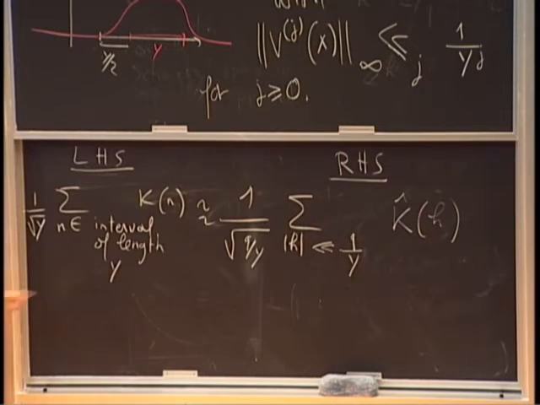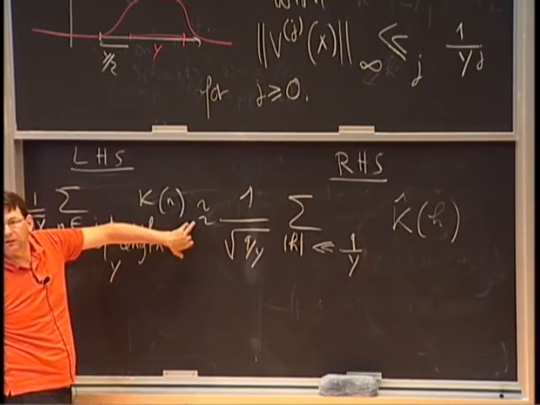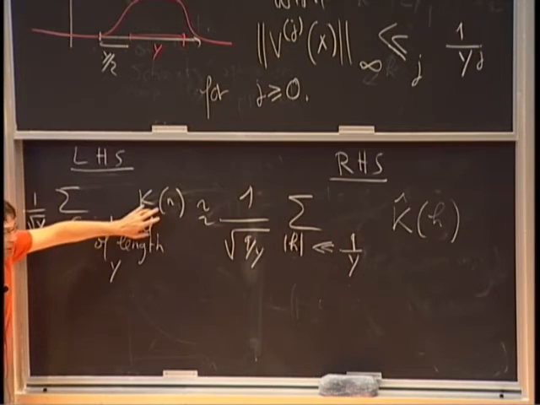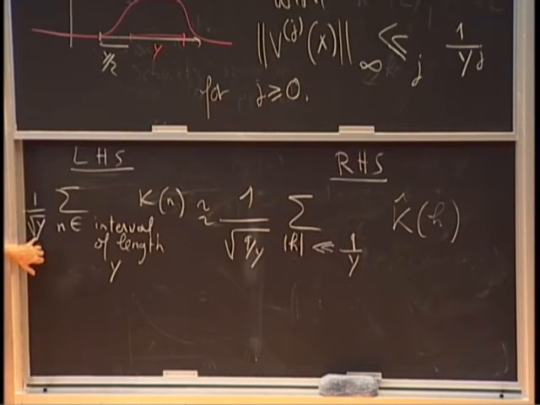And I have to tell you a bit what this squiggle means. So it's not a meaning of squiggle that you've yet seen, at least in these lectures. It's slightly different. Okay. But so the way I remember it myself, at least, we sum over an interval of length y a q periodic function. We normalize by square root of y with the idea that k is oscillatory and there should be square root cancellation.